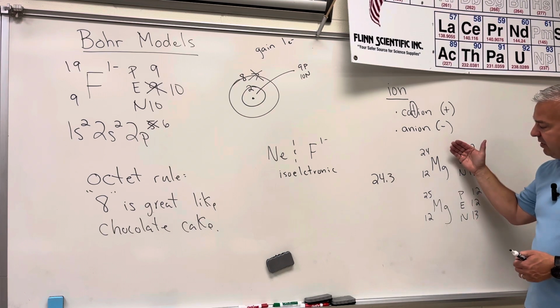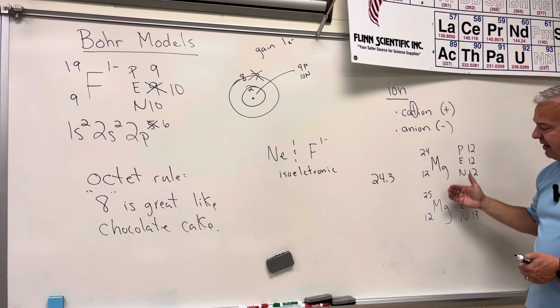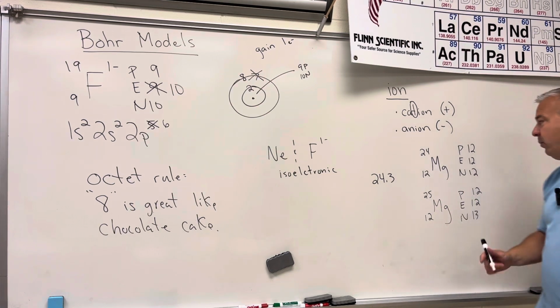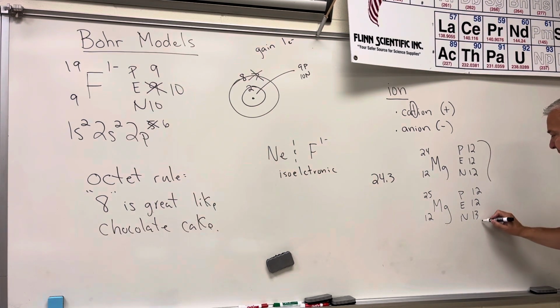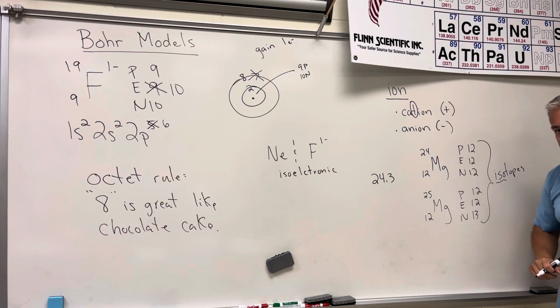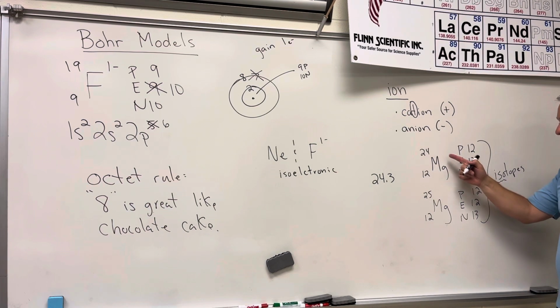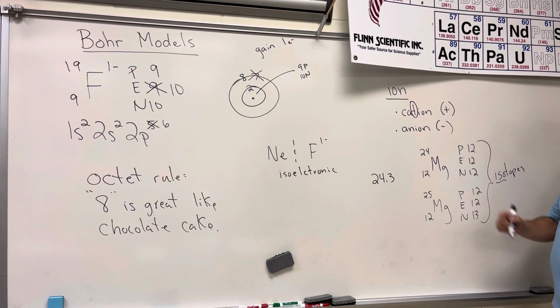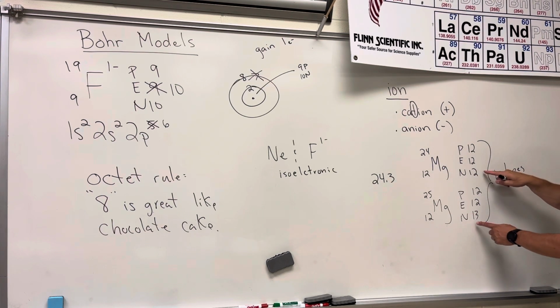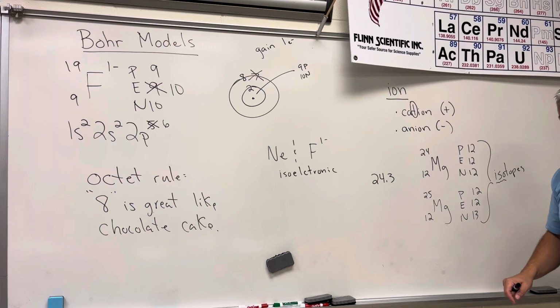But for today's lesson, we want to recognize that some of these magnesiums are not the same, and there's a vocabulary word that goes for that as well. That's called isotopes. We get that iso prefix again, and that means it's the same element, but they have different masses, and the reason why they have different masses is because the neutrons are different.